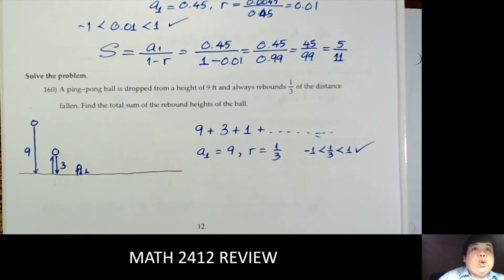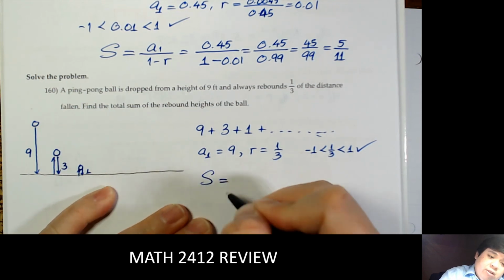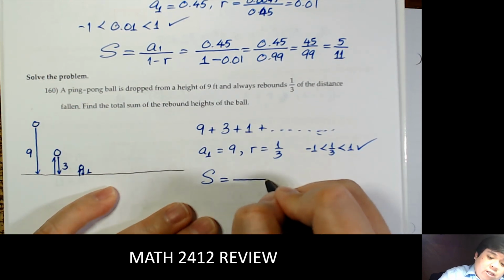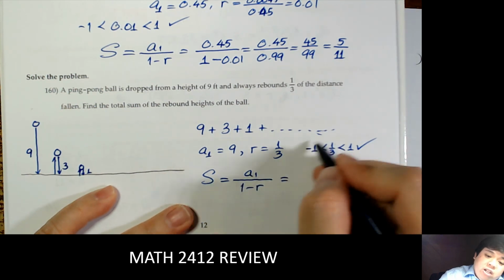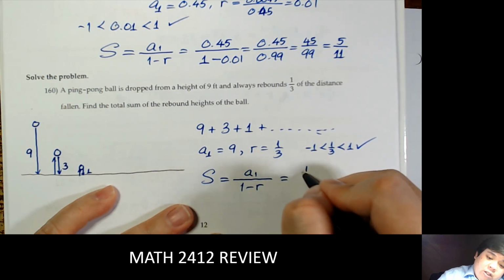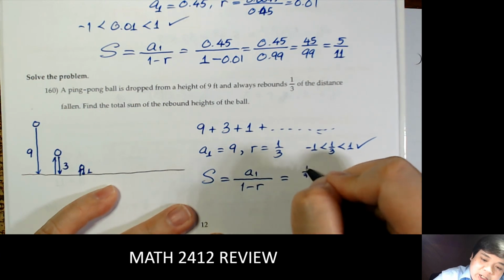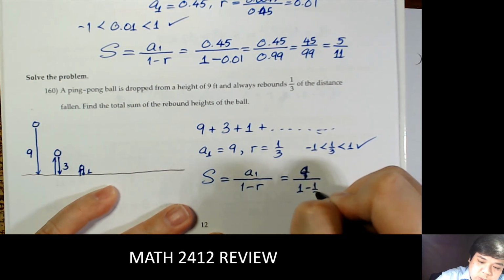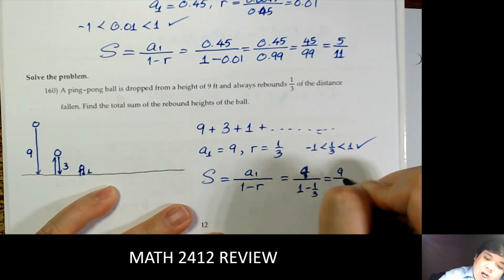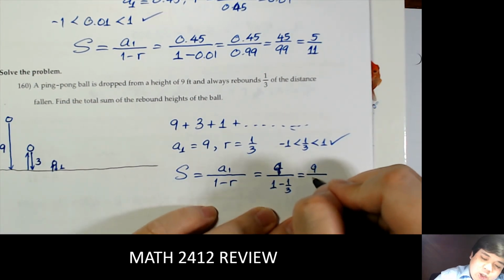Yes, that's good. So we can use the sum of the infinite geometric series, the first term divided by 1 minus r. Always check this condition first. So 9 over 1 minus 1/3. 1 minus 1/3 is 2/3.